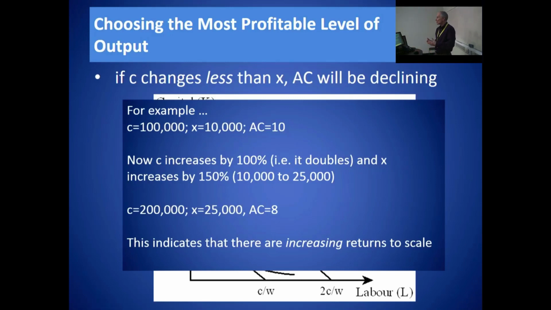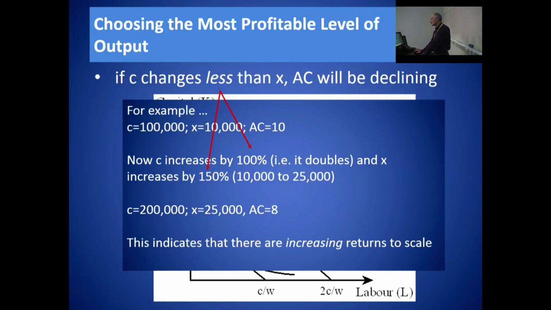That caused output to go up from 10,000 to 25,000. So that's a 150% increase. So what have we found? We're finding that the change in C of 100% is less than the change in output X, which was 150%.